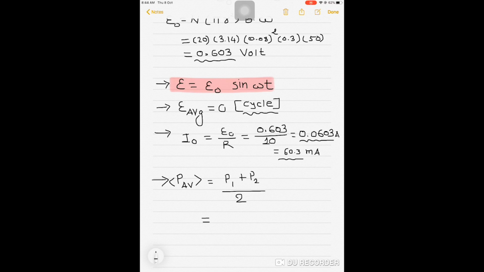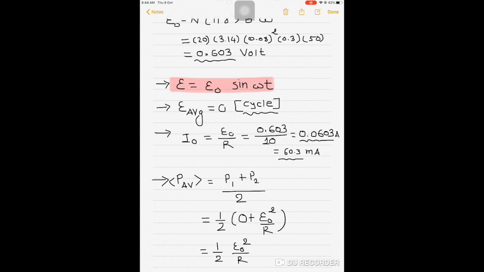Here initially we can say that average EMF is 0, but we have some value of maximum current and maximum EMF. So in that condition the power dissipated in average term is given by 1 by 2. One is 0, but another will be there, that is E square by R or E0 square by R as per ohmic joule heating. So we can ultimately write this as 1 by 2 E0 square over R.